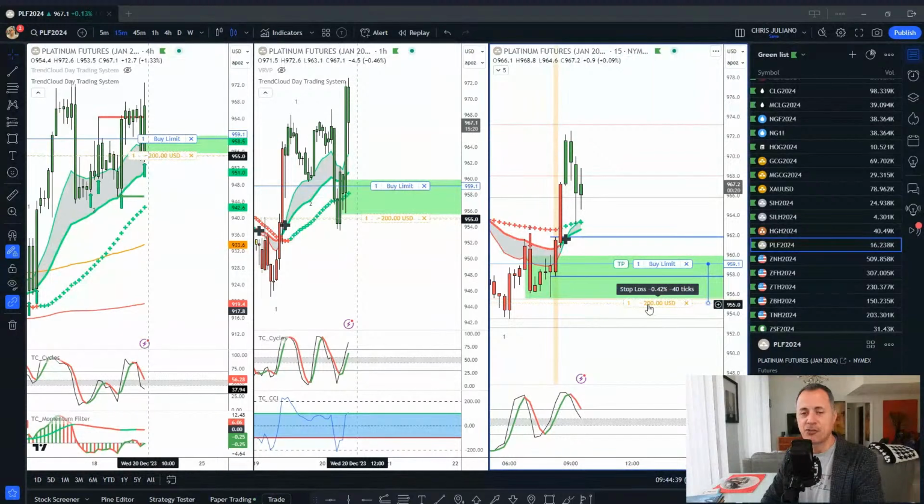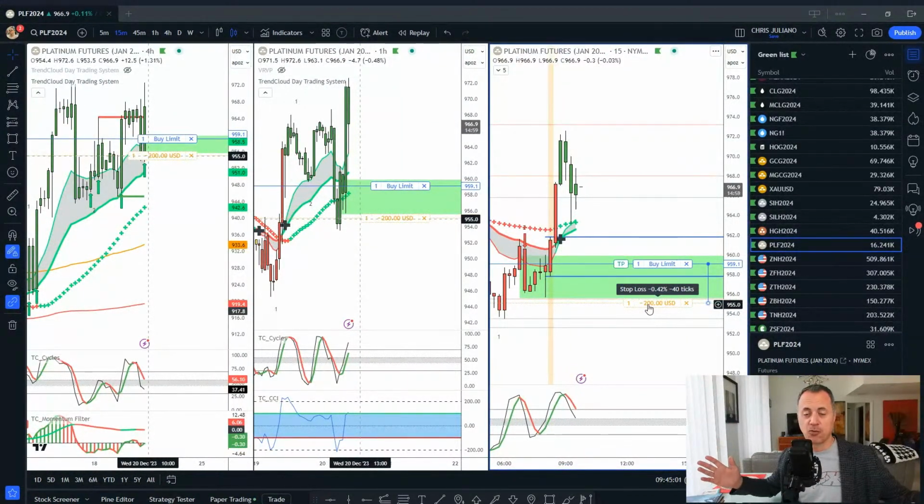So finding an edge, and remember, an edge is just any component of your trade plan that gives you an advantage, any kind of advantage, even if it's a small advantage, that's still an edge. An edge doesn't have to be a monumental 100% sure thing, right? That's just totally impossible.